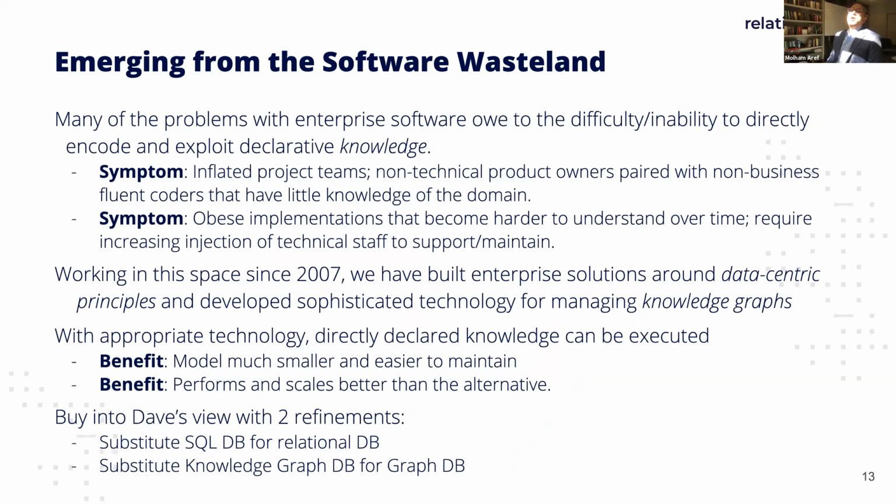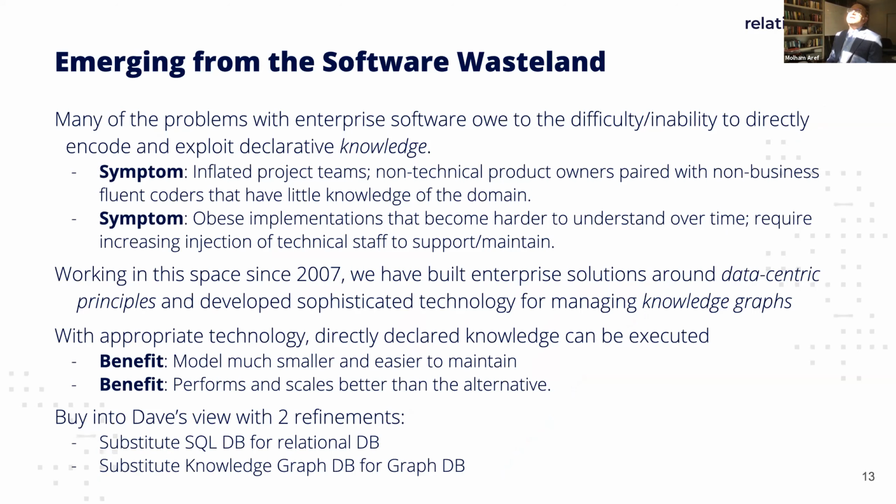Okay, so how do you emerge from the software wasteland, to quote the title of Dave's book? Well, we think many of the problems with enterprise software are due to the inability to directly exploit declarative knowledge, to keep things declarative in the way that end users want and understand, and in a way that end users can evolve.